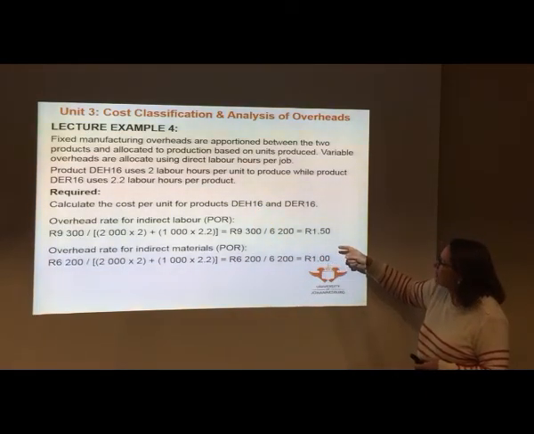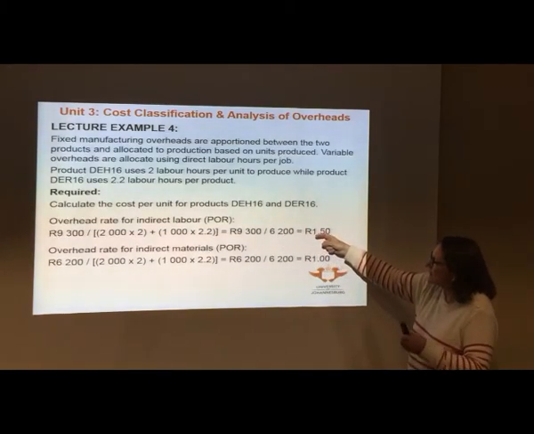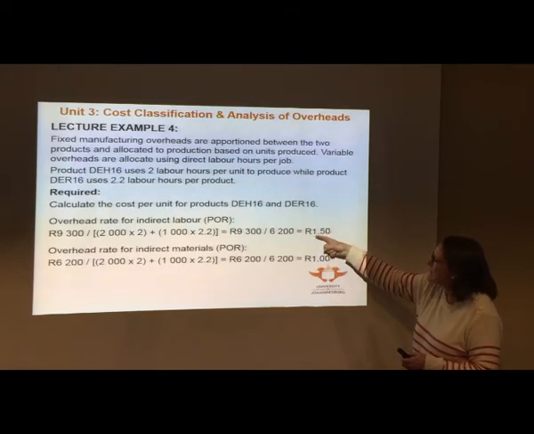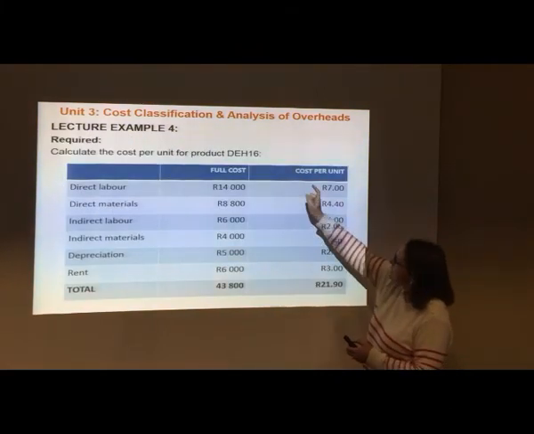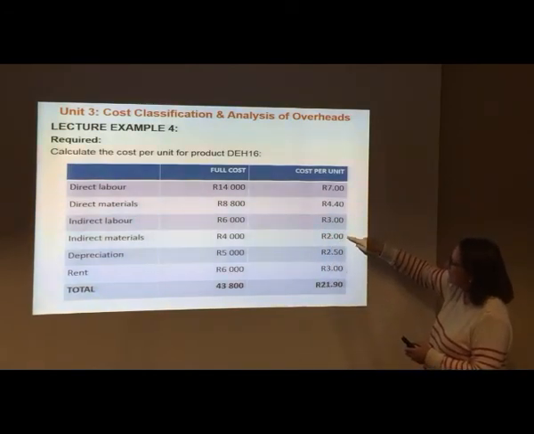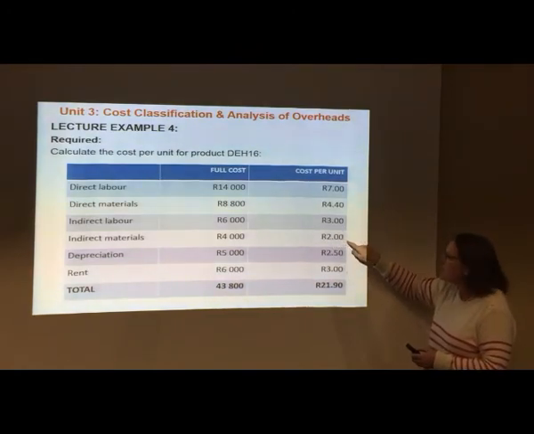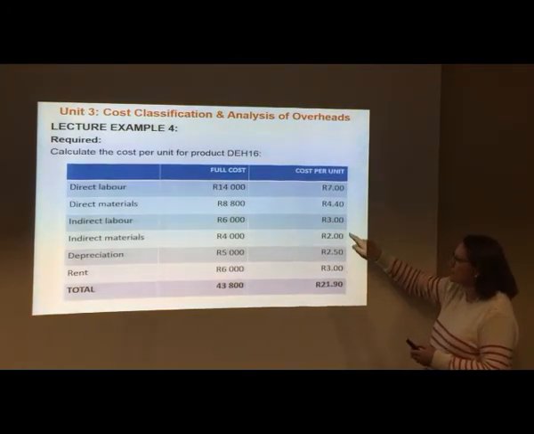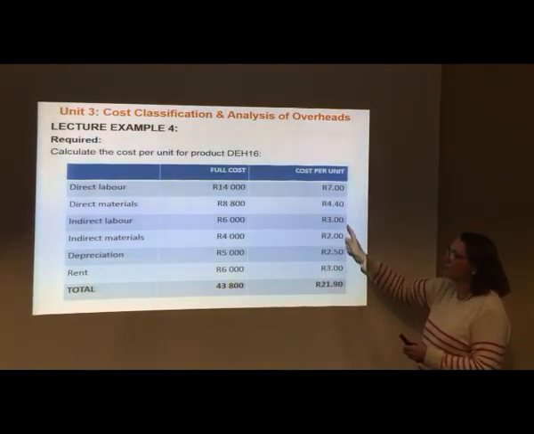The indirect labor must be 1 Rand 50 times 2. Therefore, when we get to DEH costing, the indirect materials is 2 Rand and the indirect labor is 3 Rand. This is 2 times 1 Rand, this is 2 times 1 Rand 50, because we use 2 labor hours per unit.